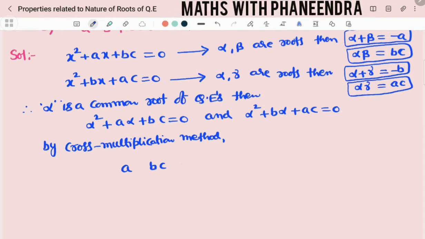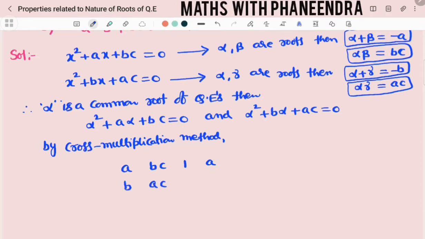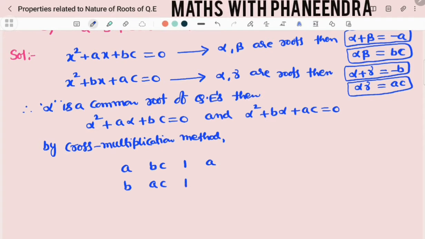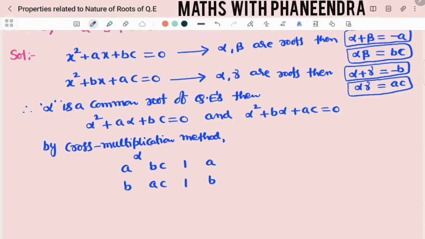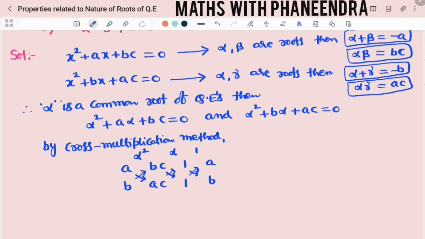Next the alpha square coefficient, and again the alpha coefficient. Similarly, in the second equation, the alpha coefficient is B and the constant is AC, the alpha square coefficient is 1 and the alpha coefficient is B. So the first two columns give alpha square, the next two columns give alpha, and here the constant.